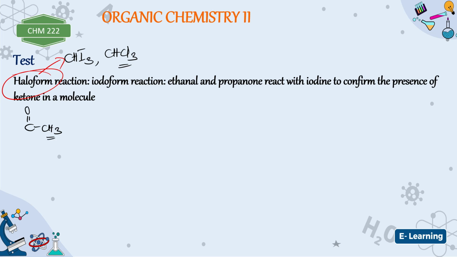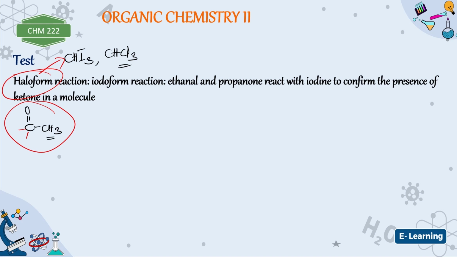It's called the iodoform test. What you're actually confirming is this group here. Aldehyde has this group, ketone also has this group. With aldehyde it is H, while a ketone can have another CH3 here. So aldehydes and ketones will give a positive test to what? The haloform reaction. Are you getting it?